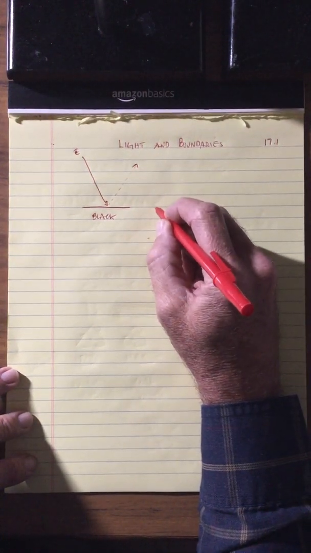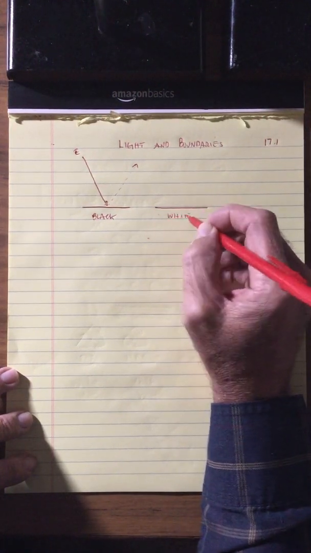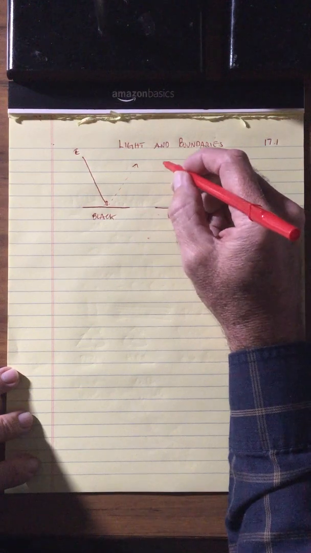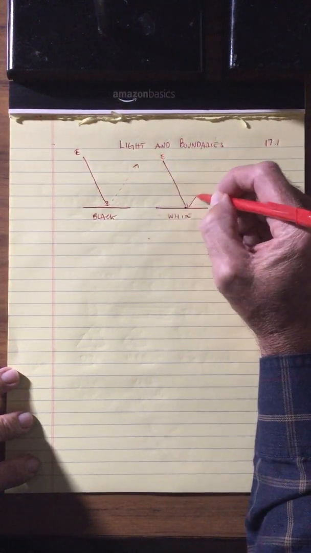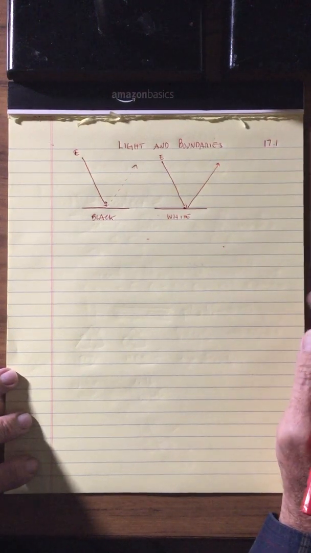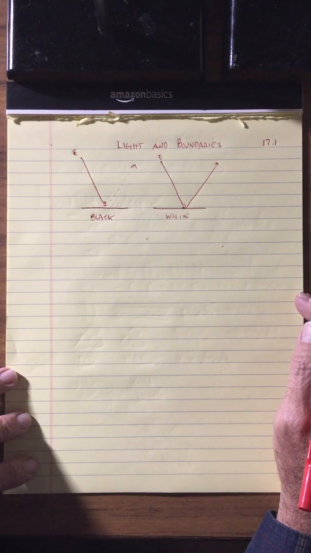If you have a white surface that lacks pigments, the energy is going to be coming in, and a lot of that is going to be reflected back. So the question is, is all of it reflected back?